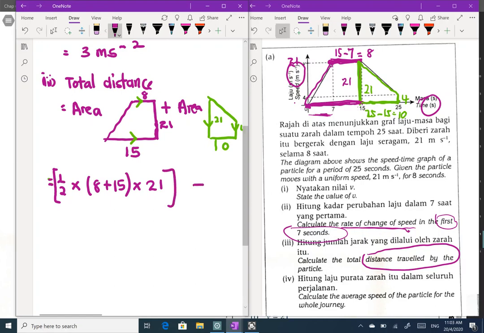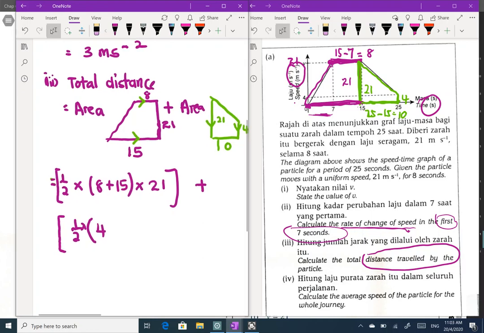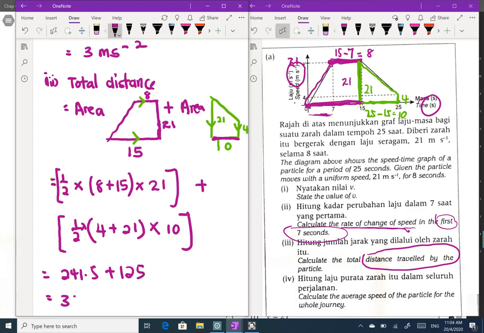This is the first area, plus 1 over 2 times the parallel lines 4 plus 21, times this one 10. Use calculator, so you will get 366.5 meters.